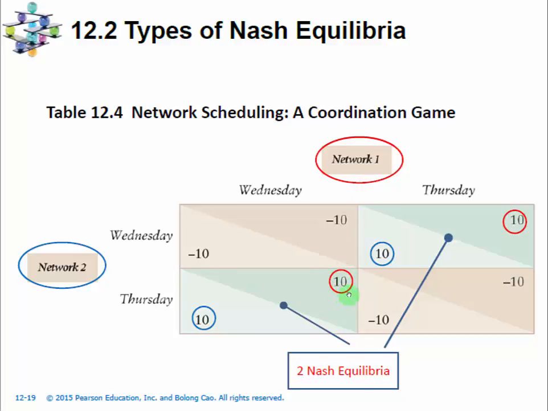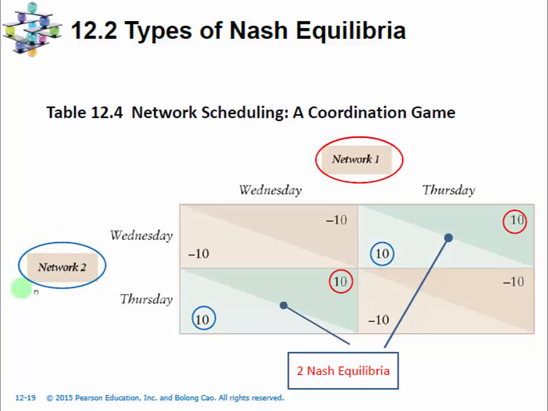So the red circles on these payoffs are for the best responses of the players with the same colored circle. The blue circles are the payoffs of the best responses for network 2.